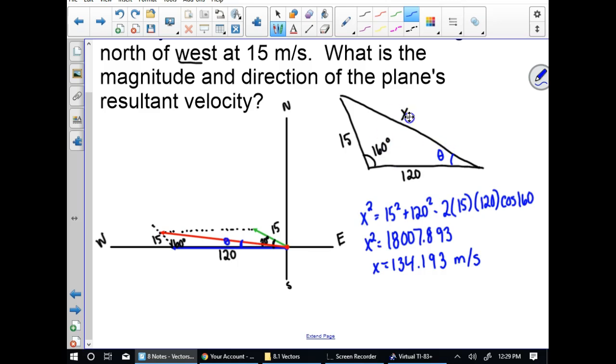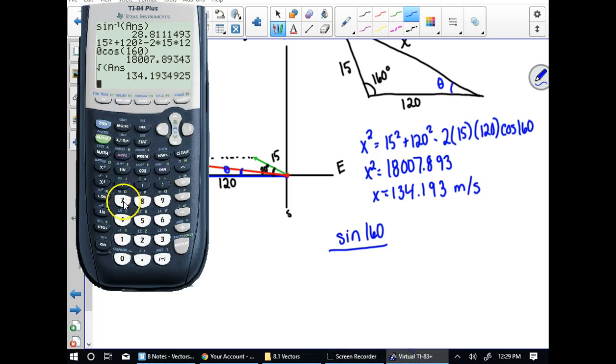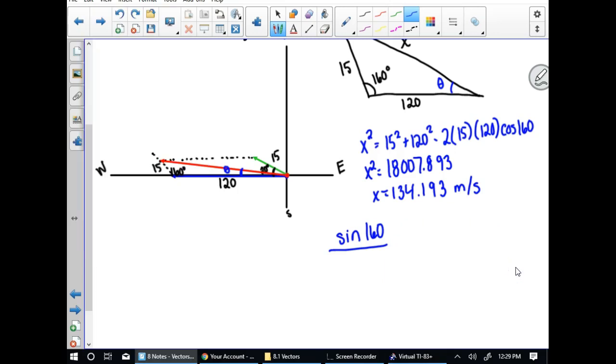So we just found x, so we can do sine of 160 over that x. Actually, before I do anything, let me store that x, so I don't have to round it off. So sine 160 over 134.193 equals sine theta over 15.